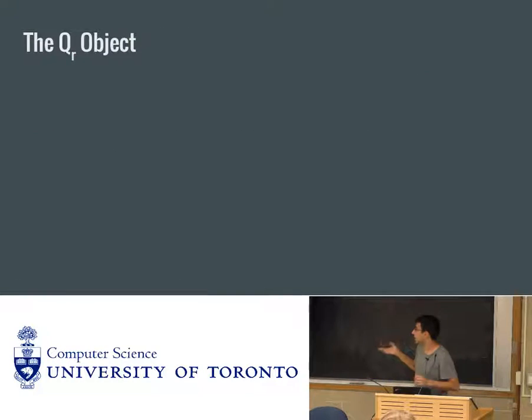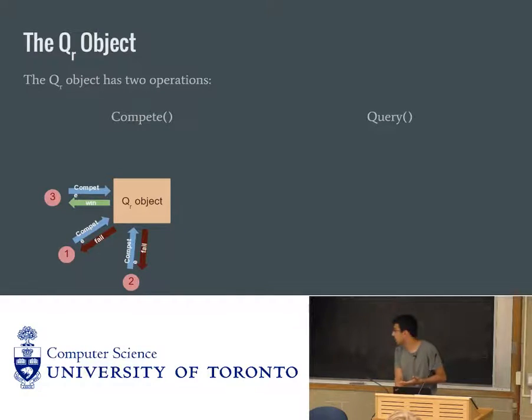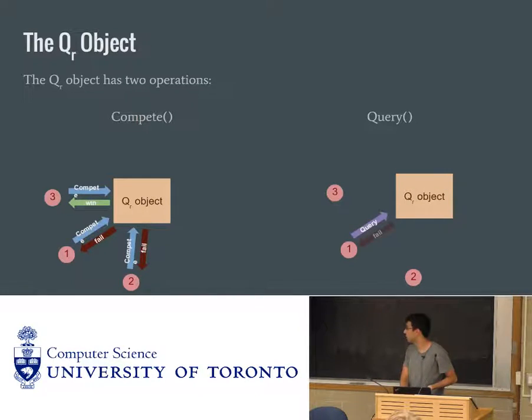I'm going to illustrate this with one object that I used in my research. This is called the QR object, and it's got two operations. It's a very simple object. The first operation is called compete, and the way it works is the first compete operation will return a win, and any other compete operation returns a fail. It's also got a query operation, and the way query works is originally all query operations will return a fail.